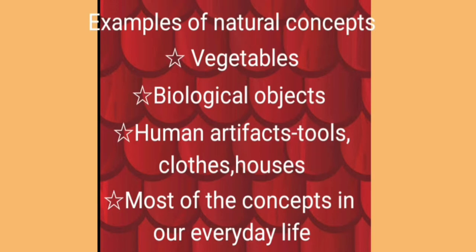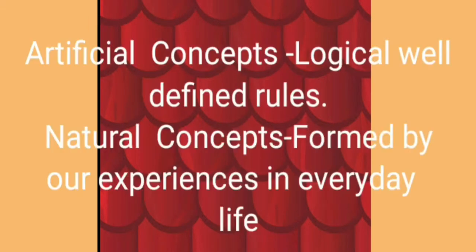They are most of the concepts in our everyday life. So, artificial concepts are formed by logical, specific, well-defined rules, whereas natural concepts are formed by our direct or indirect experiences in our everyday life.